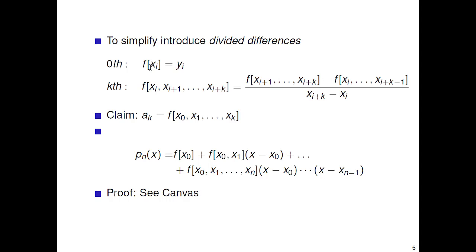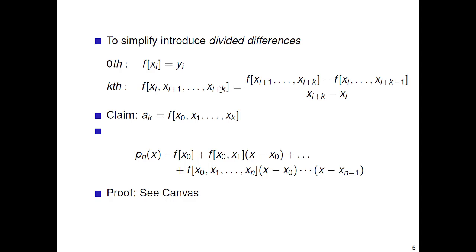My 0th order divided difference, using the square brackets to denote the data points that are involved, is just going to be the corresponding yi, which is like my 0th order derivative. Then a kth order divided difference is going to involve not just this data point, but the next k data points. And I'm going to write this in terms of lower order divided differences.